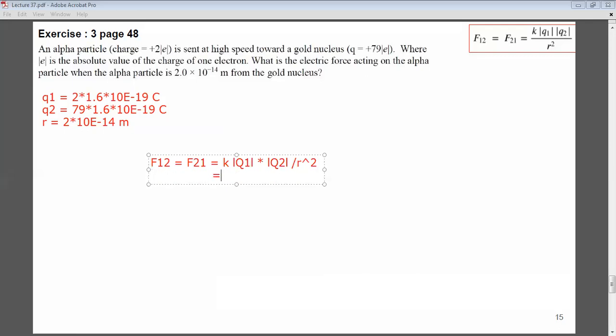This is equal to K, 9 times 10 power 9, times Q1, 2 times 1.6 times 10 power minus 19, times Q2, which is 79 times 1.6 times 10 power minus 19, the whole thing divided by 2 times 10 power minus 14 squared.